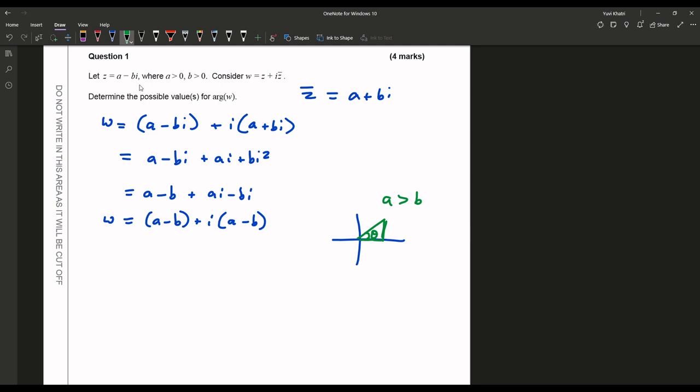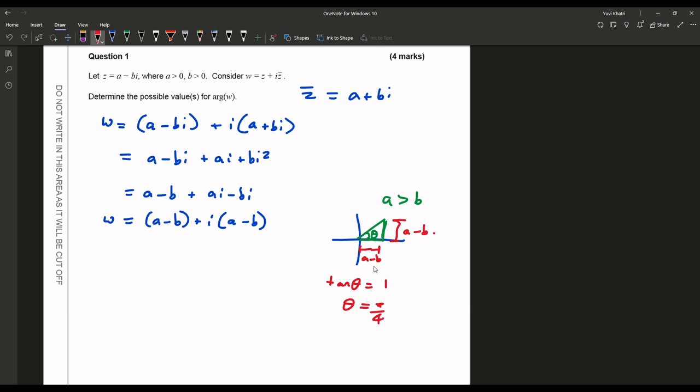And it goes a minus b across and a minus b up. So if you do a little bit of trig, tan theta equals a take b over a take b, well, this is just 1, which means you get theta equals pi over 4.